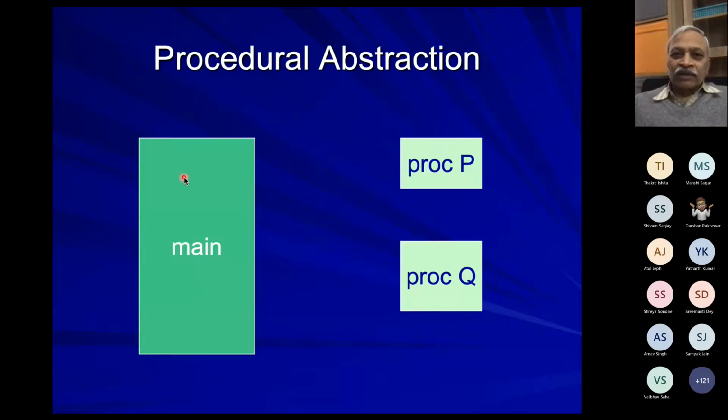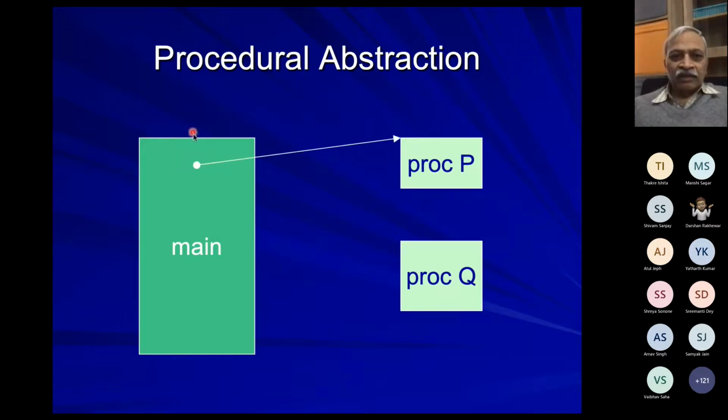But one of the important features which most programming languages have is defining procedures, or functions, or creating procedural abstraction. That means you write code once and then you can use that at several points in your program. Suppose you have a main program and then you have two procedures P and Q, which encapsulate some computation, some code. And main can invoke these procedures or functions at various points.